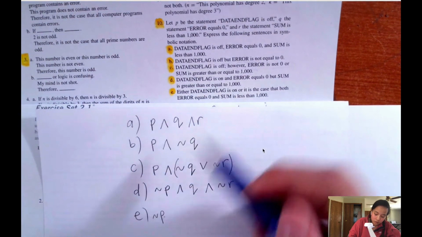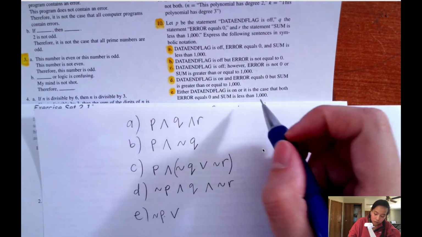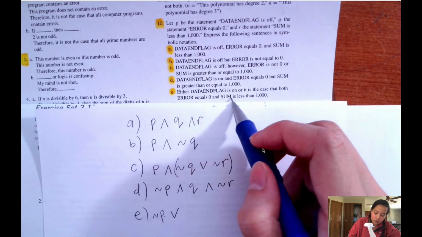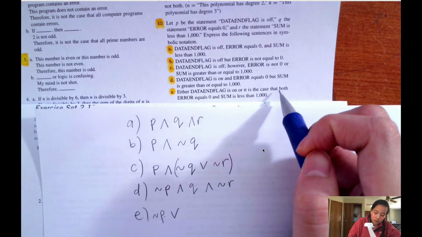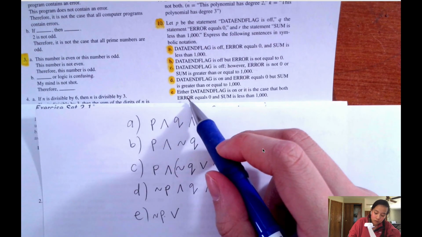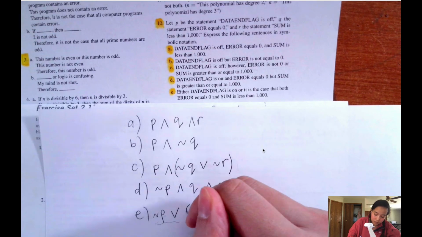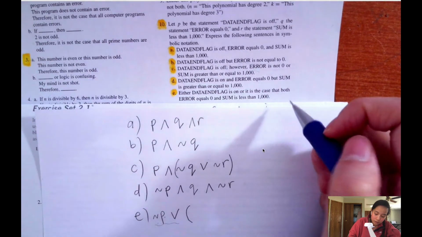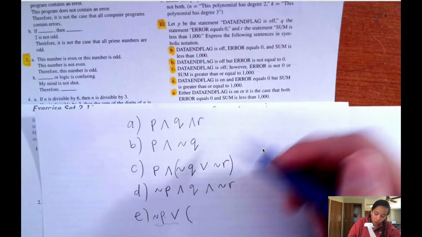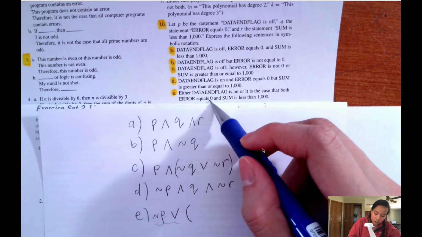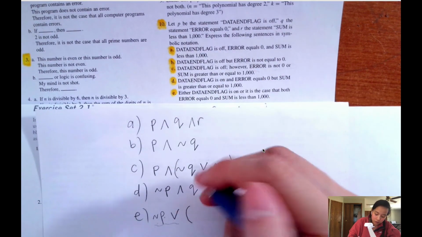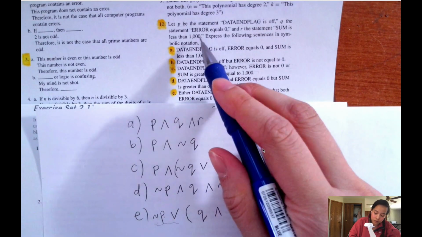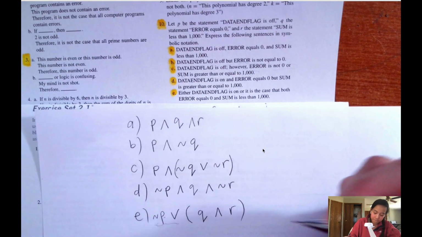So either this, or the or symbol, or it is the case that both error equals 0 and sum is less than 1000. So it's either this guy, or I'm going to put parentheses around here because we're saying either this guy or this guy over here. So either this or both error equals 0. So error equals 0 is the same thing as Q. And the sum is less than 1000. So sum is less than 1000 is R. And there you have it.